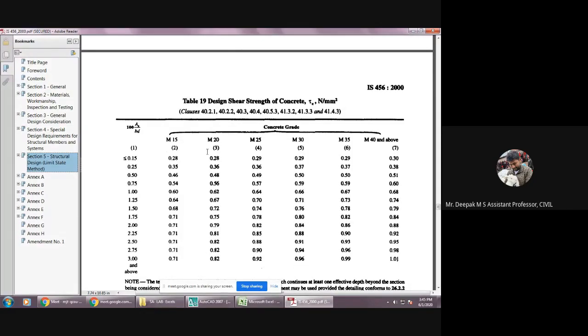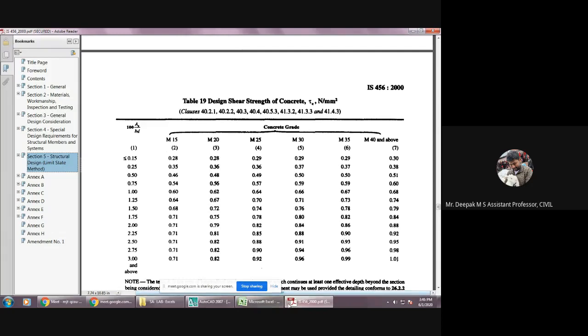So since ours is M20 grade of concrete, nominal mix, and percentage steel provided is between this range, 100 AST by bd. When you apply this formula, what is the provided AST?